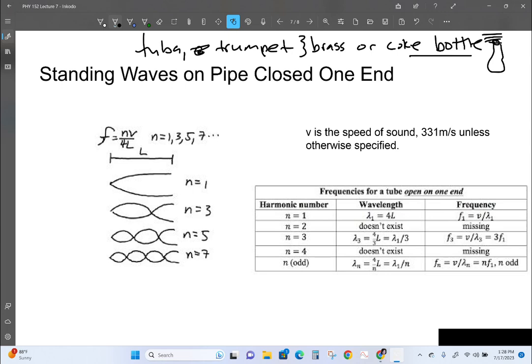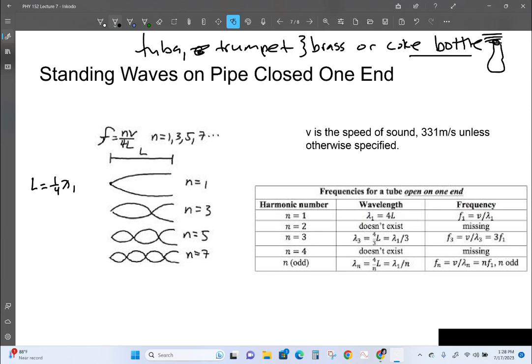when n equals 1, the length of that column is equal to 1/4 of lambda 1. And it turns out that whereas we could go up by integers, 1, 2, 3, 4, there is no n=2 that can form here, because you have to have a node form at the closed end and an antinode form at the open end.